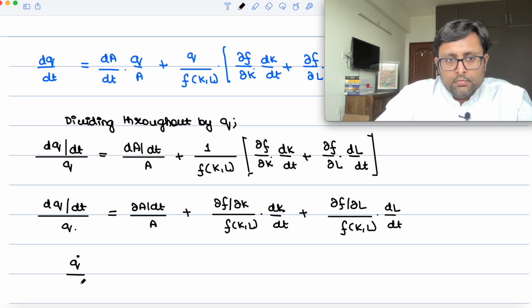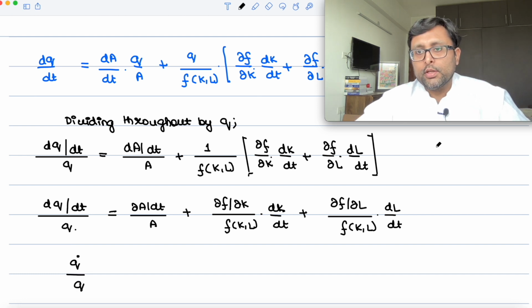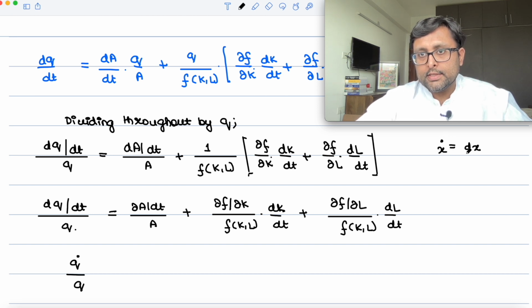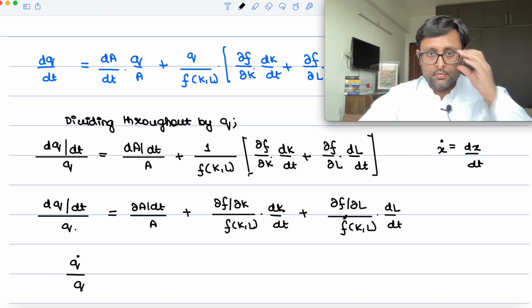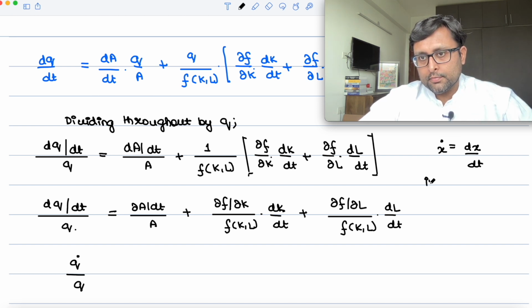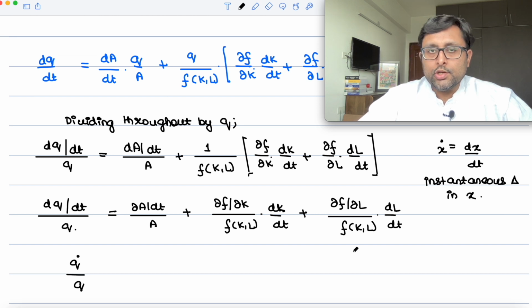This is what, beta? dq by dt is what? Q dot upon q. One more thing is, when you write x dot, that is dx by dt. That would mean instantaneous change in x.